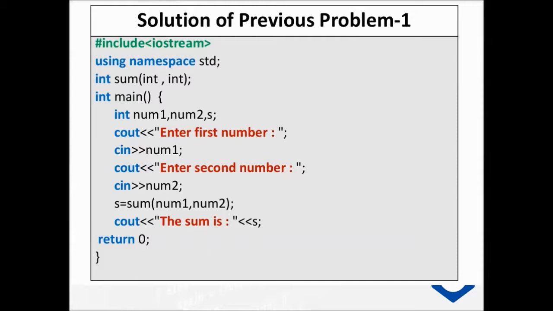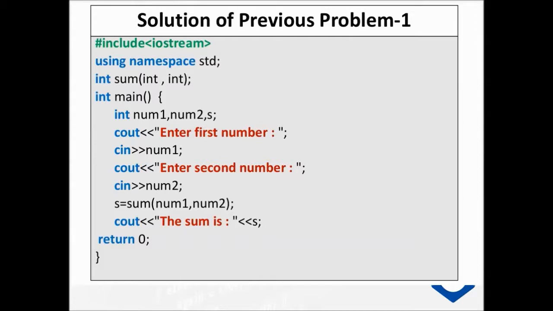Then we ask the user to enter the first number, and then we ask the user to enter the second number. Then we use s to store the sum of these two numbers, and we use the function sum to perform the addition. So we write s is equal to sum of num1 and num2. So here is the call of our function.